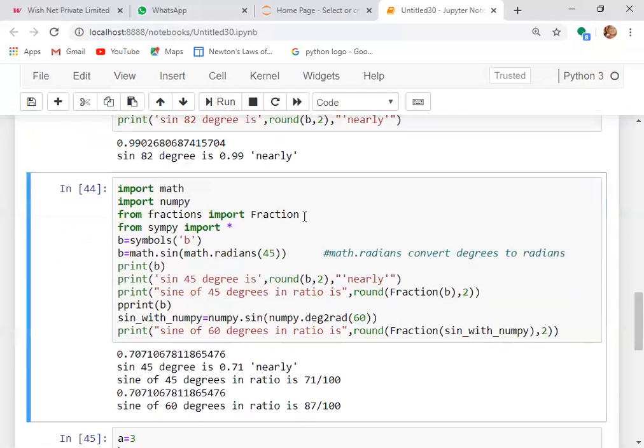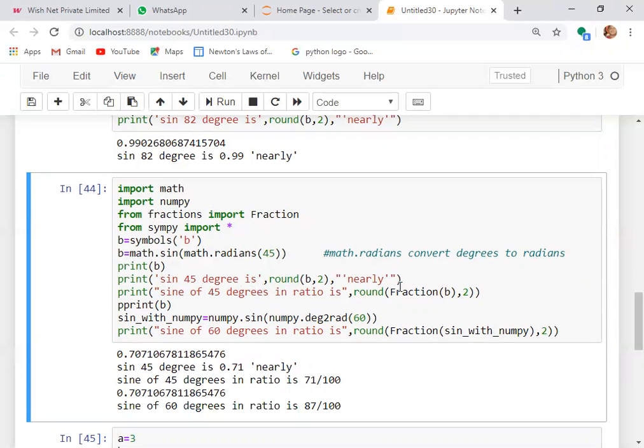Okay. The next thing is the import: what will be the function of this fraction module? The fraction module will convert any large decimal number or mixed fraction into fraction values. We are trying to do the same thing: we convert using radians, that means convert the degree to radian, and sine 45 degrees will be executed.